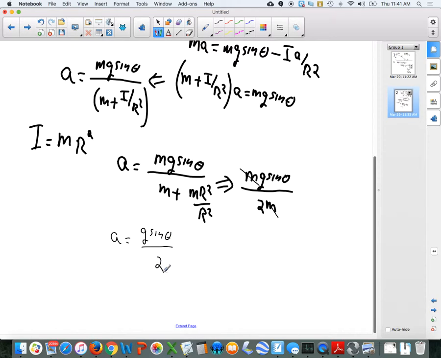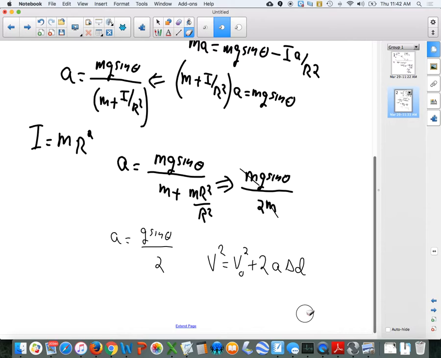If I go back to my v squared equation, I would get v squared is v0 squared plus 2a delta d. Delta d is just h over sine theta. Sorry, I messed that up. Delta d is the length of that incline.